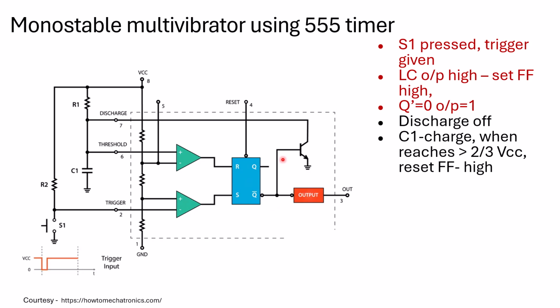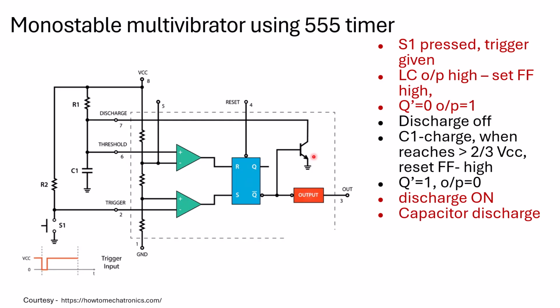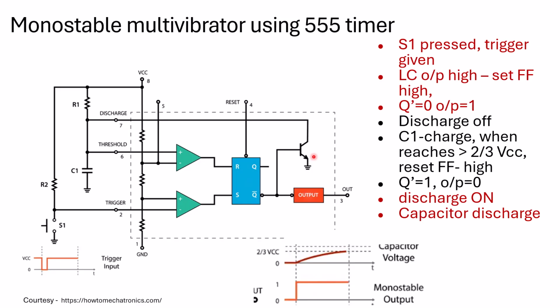When Q bar becomes 1, the transistor will be in the on state, and discharge will happen. So the capacitor will start to discharge and it will be continuously discharging. At one point, when your capacitor reaches its value, your output will be toggled.